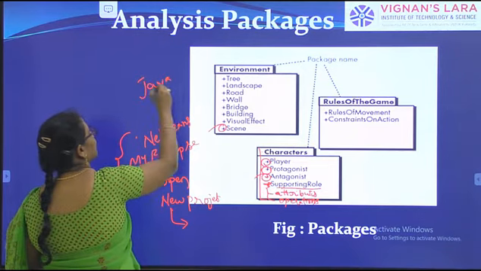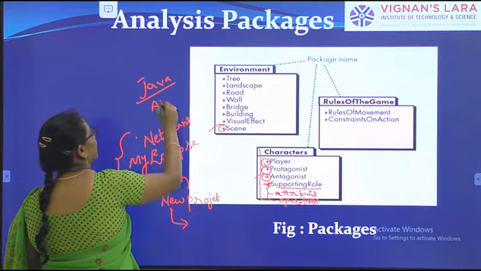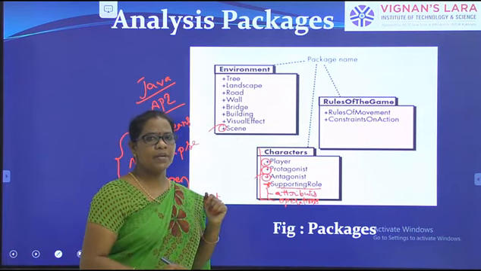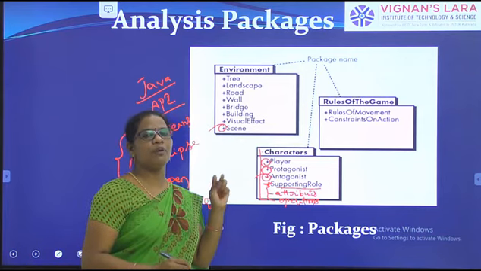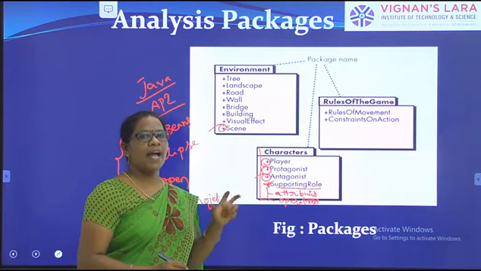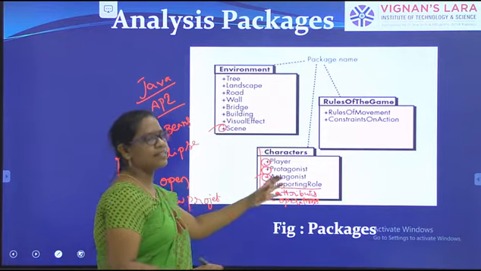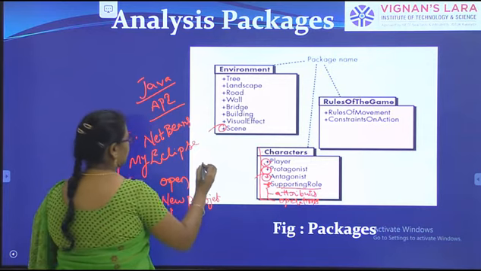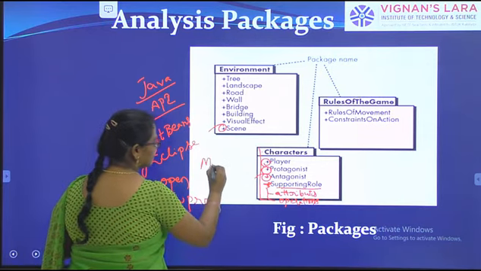in order to execute Java, you have some API, application programming interface. So what is the application programming interface? It is nothing but a group of packages. And those packages have a number of classes. For example, mathematics.